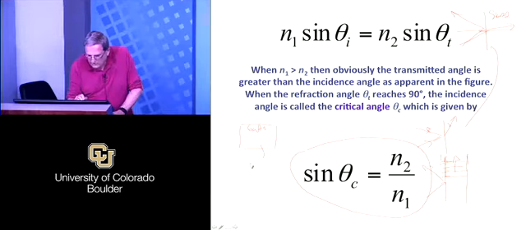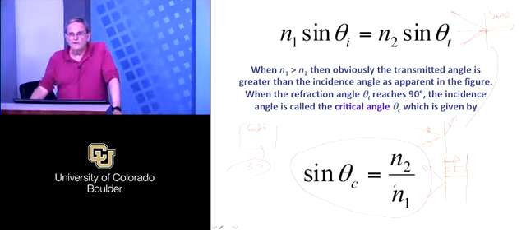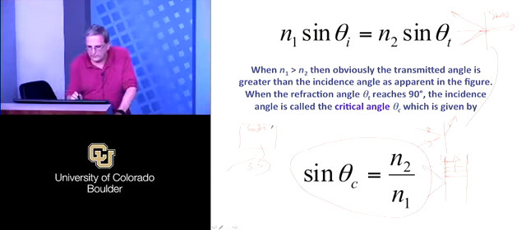Gallium arsenide, the index is something like 3.5. So if this thing here is like 3.5, we have 1 over 3.5, then that turns out to be reasonably small. We're talking about 15, 20 degrees. Practically anything above that will be totally internally reflected.